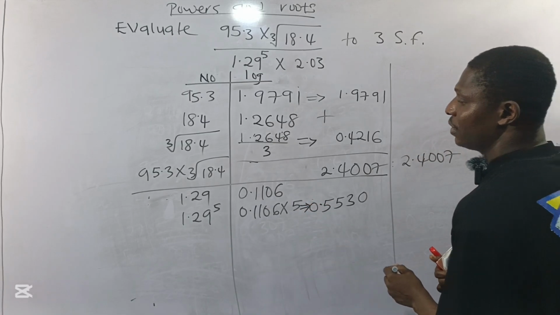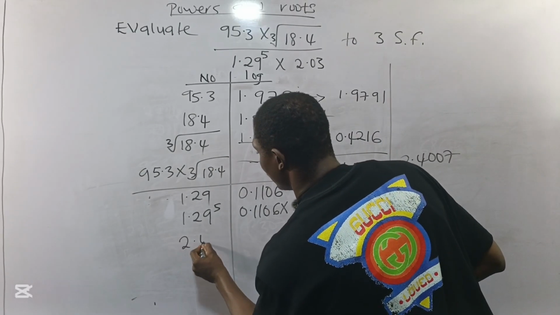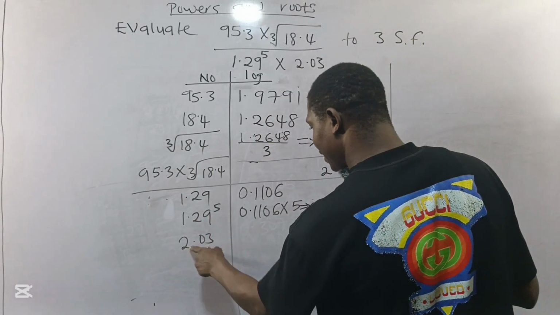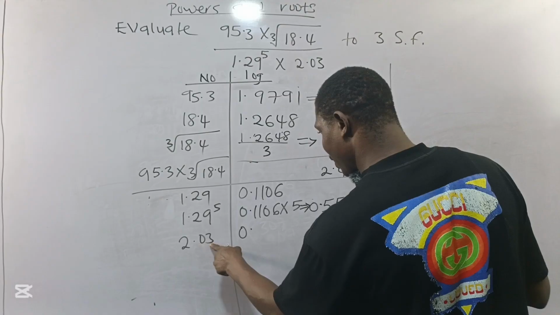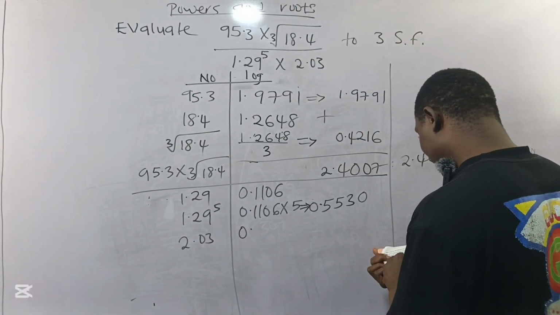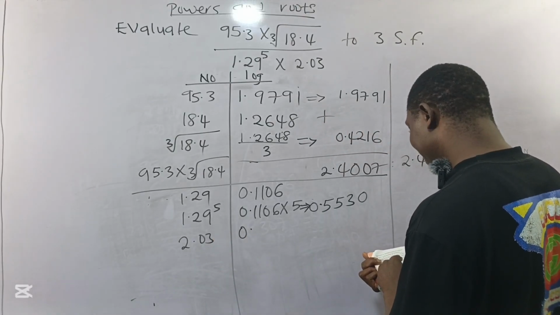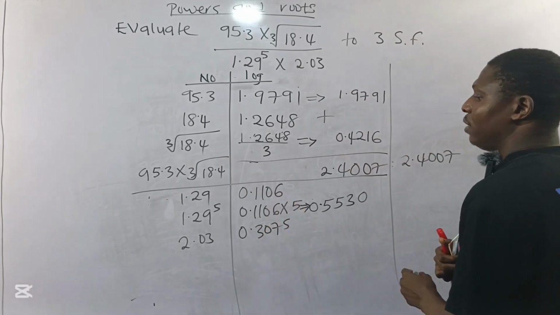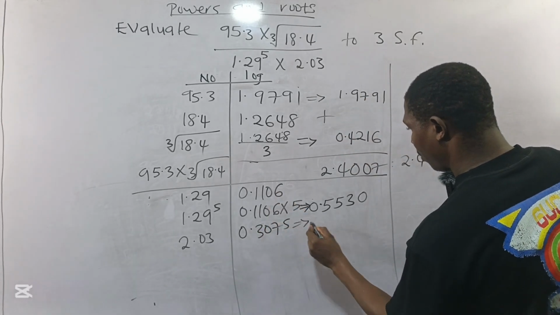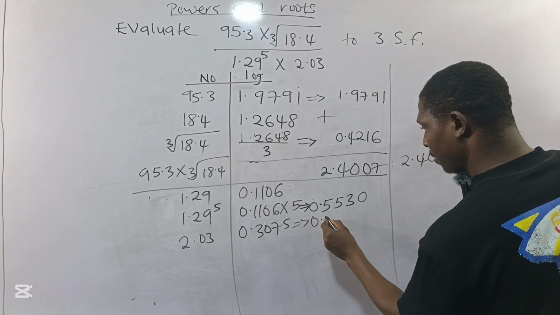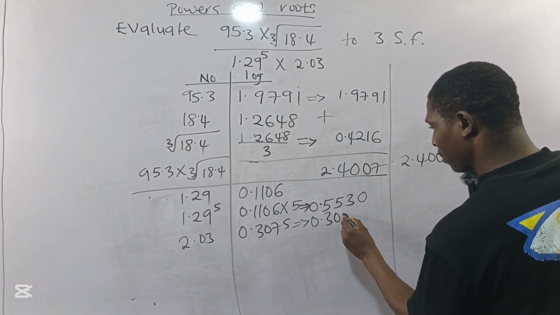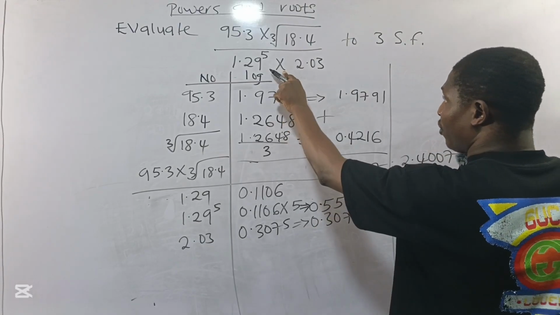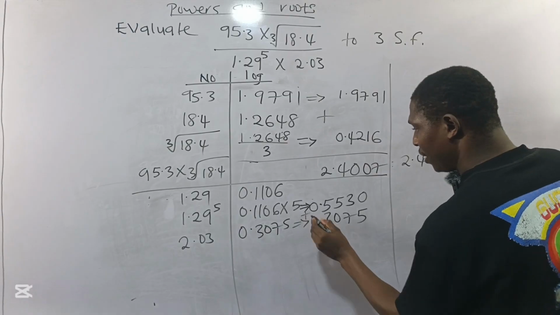So I have this. Now I'll come to 2.03. Characteristic is 0. 20 under 3 will give me 3075. If I have this, I'll bring it together with this. And because of the multiplication, I will add up.